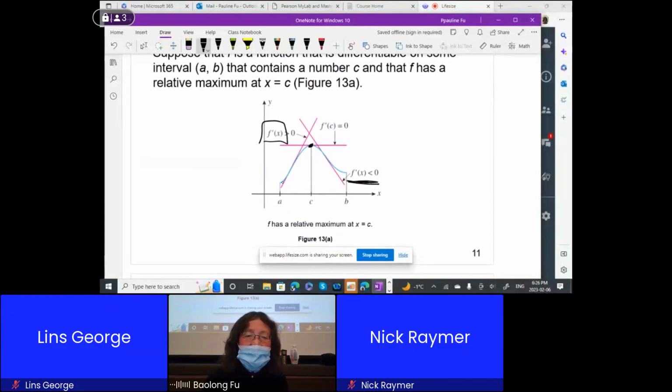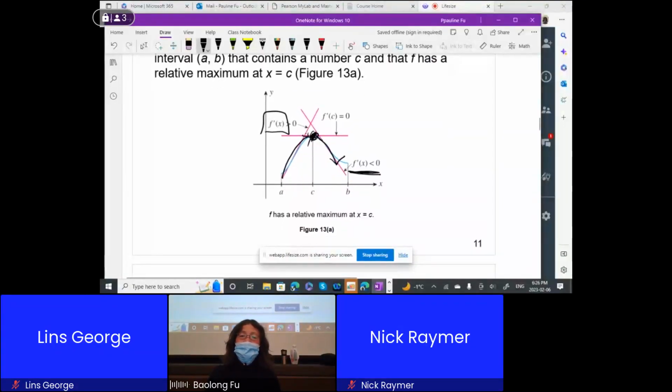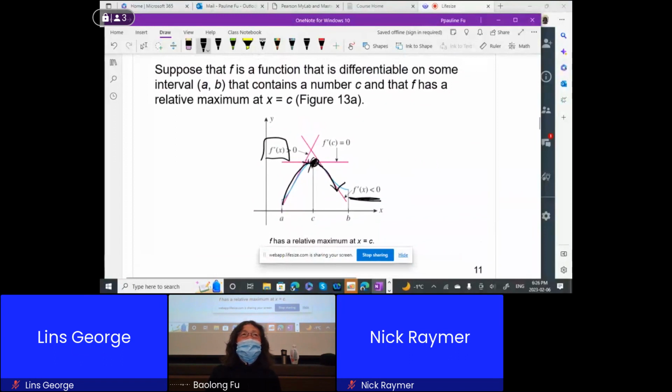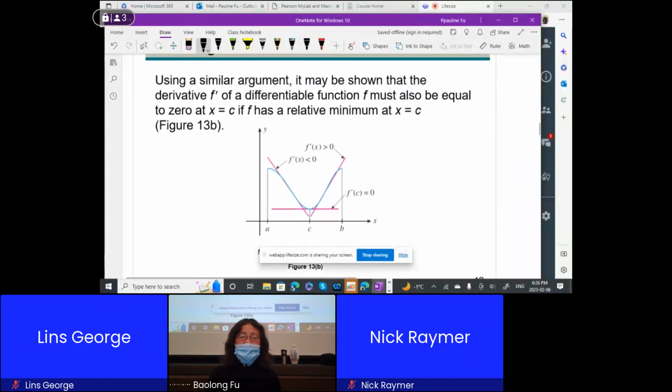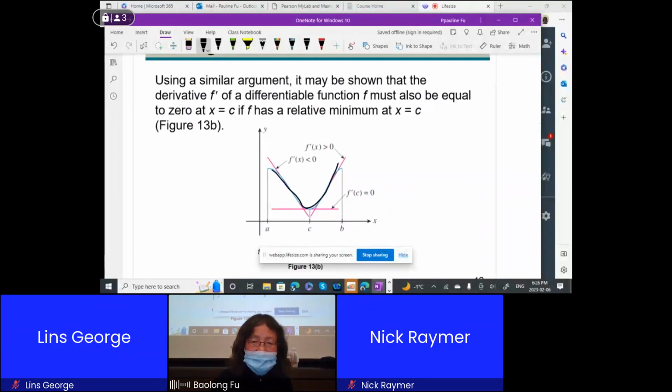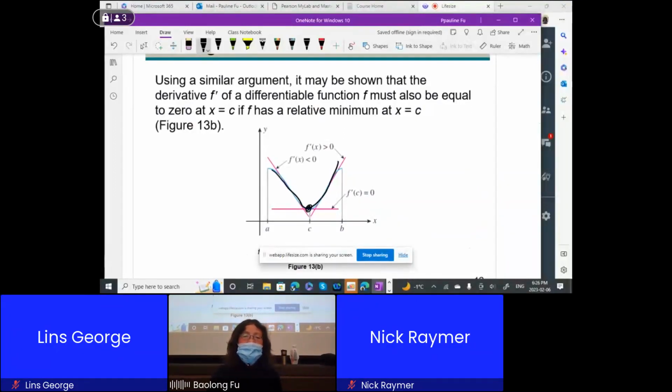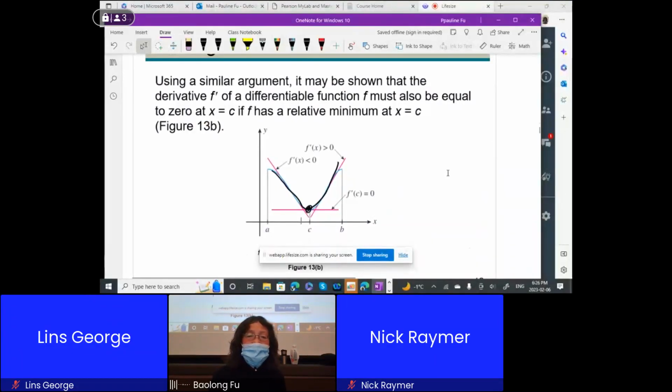If we found the function increasing and then decreasing, this point must be relative maximum. On the other hand, if we found a function is decreasing, then increasing, this point must be relative minimum. So derivative changes from negative to positive, it is minimum.